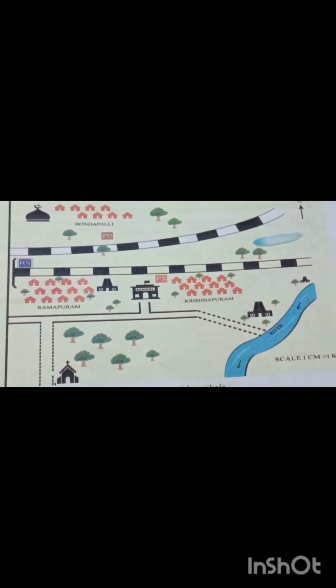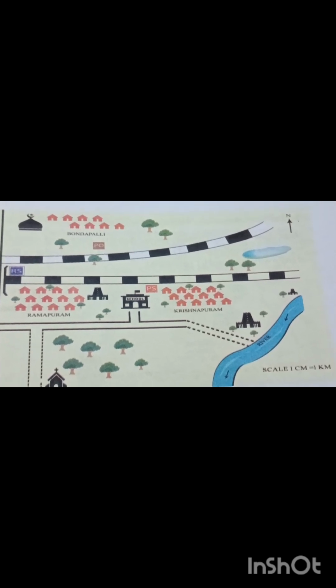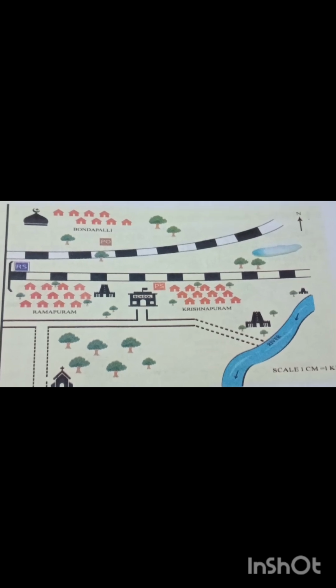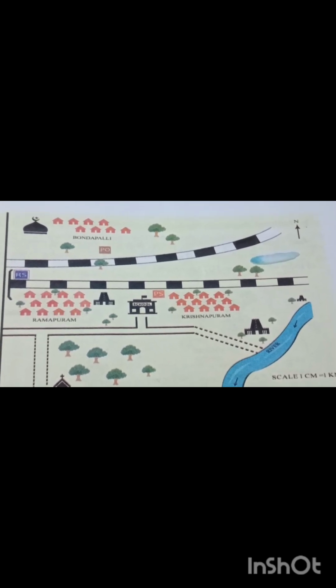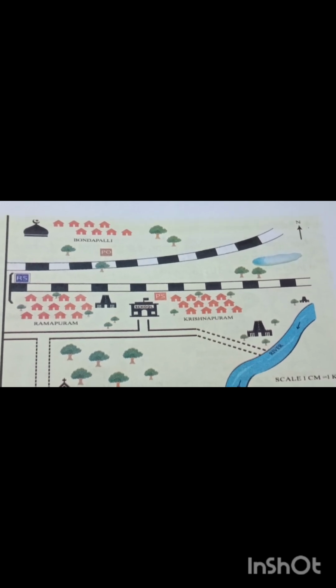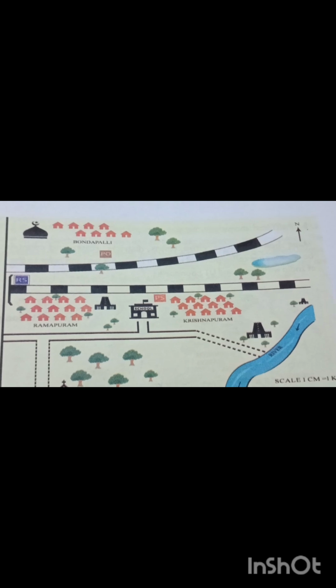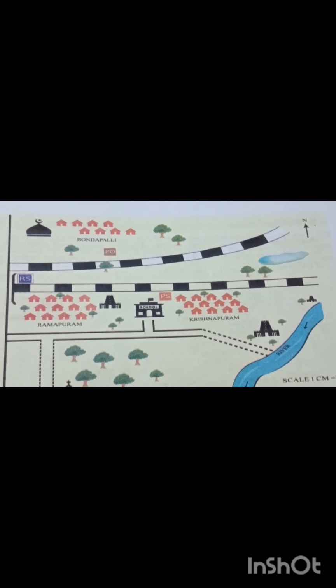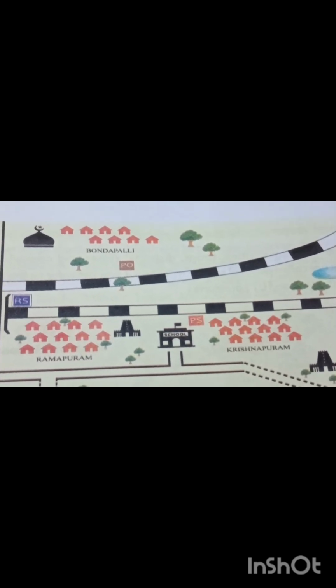See the blue color here indicating the stream or river is flowing, and one arrow mark showing the upper side of the map is indicated here with the letter N. And broad gauge line, the name of the village Bondapalli, and some of the trees we can see with the symbols, and masjid is also we can see there.